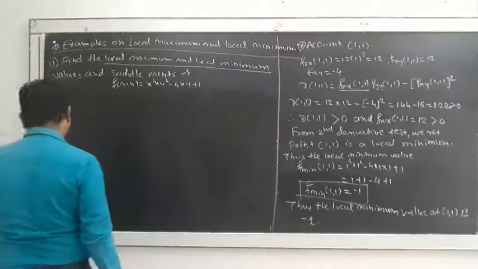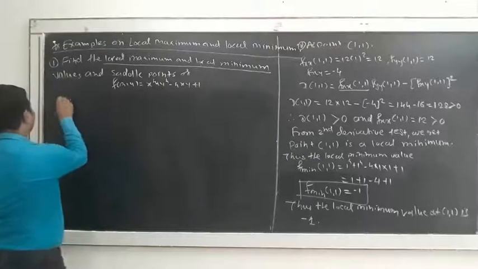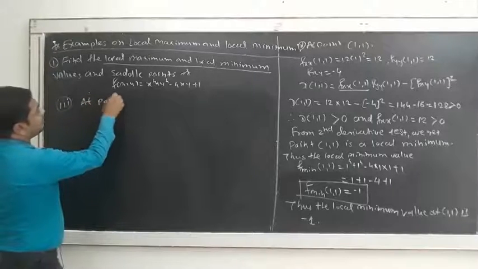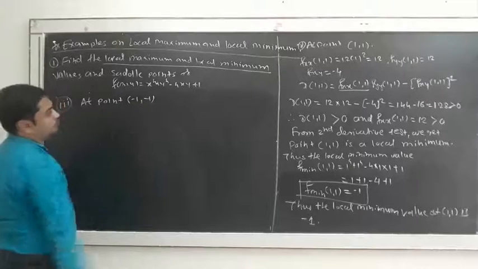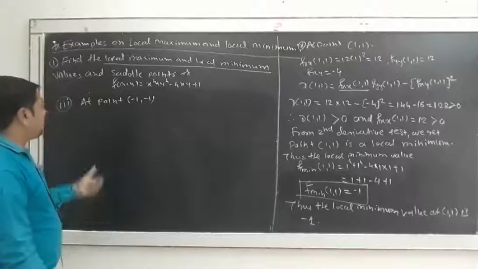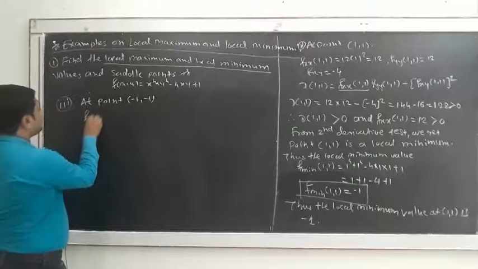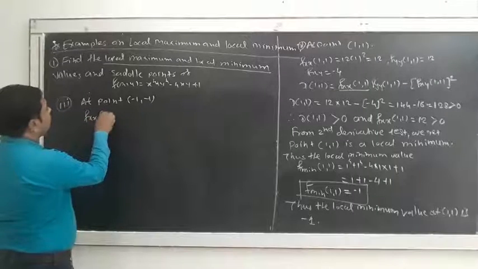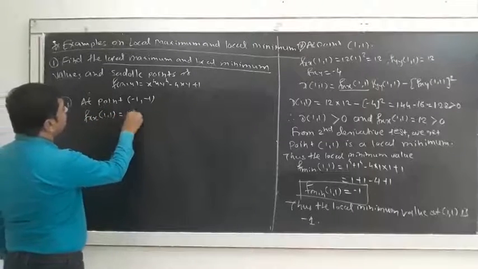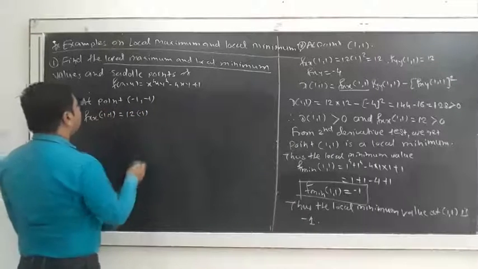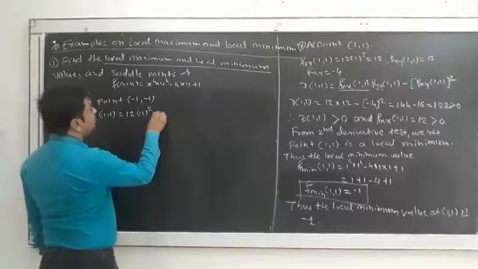Similarly, you can find the third one, that is, now at the point (-1, -1). fxx there is 12x squared, so 12 times (-1) squared, it should be 12.